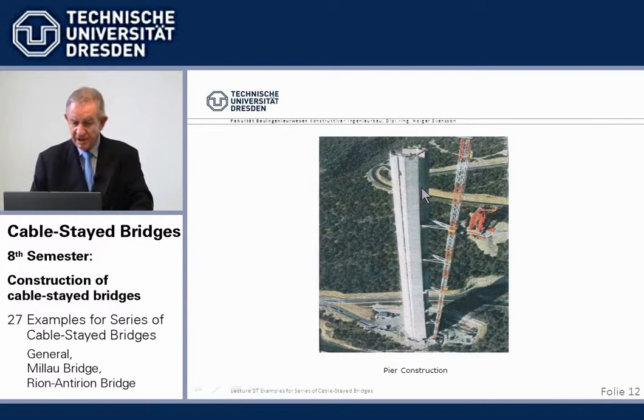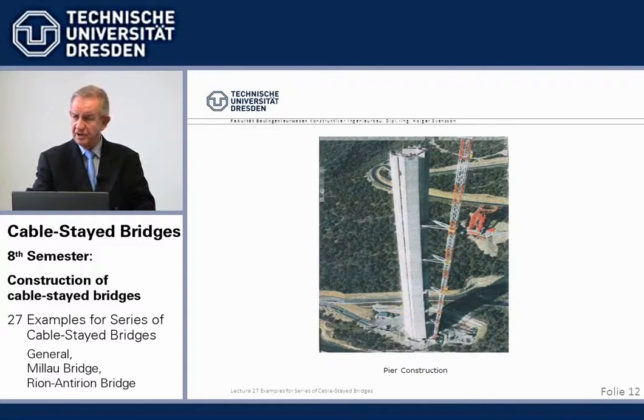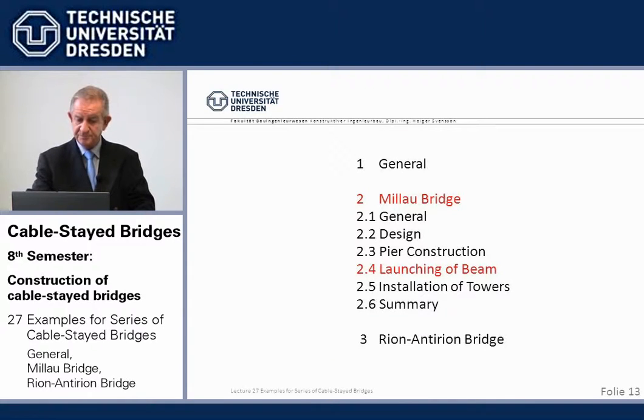Now, we have here 240-meter high piers built with jumping forms. It looks a little bit difficult, the cross-section, but they change alternately, and so finally the shape has been refined so that it can be done reasonably with jumping forms, although the dimensions of course change.